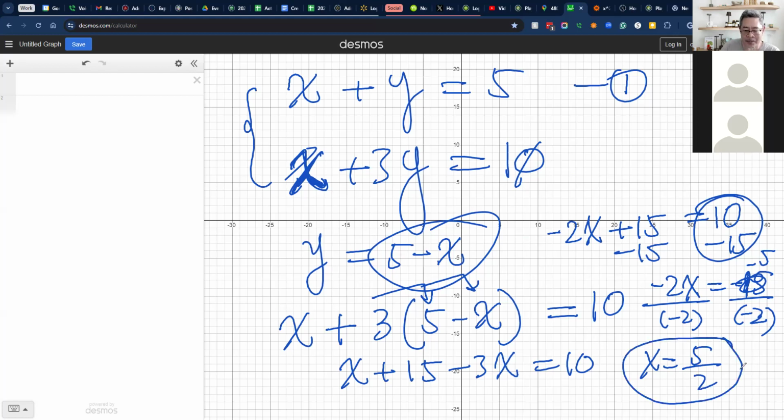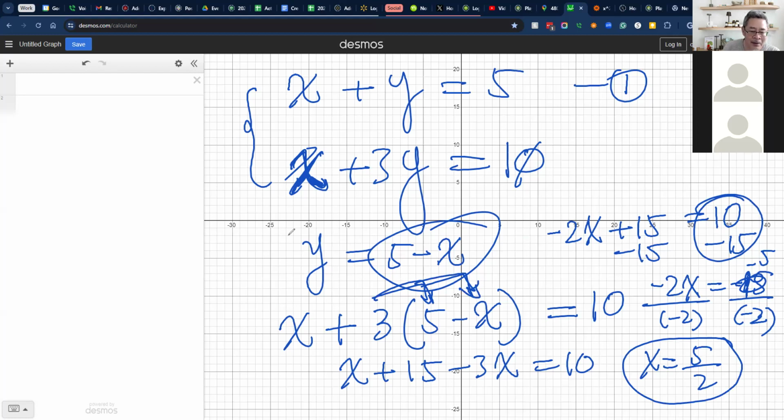Good? Yep. So when I did that, I had x plus 5 minus x equals 10. I did not add in the 3. I just replaced the y with the 5 minus x. So, yep, I see where I went wrong. Yeah, right. Distribute. Good.